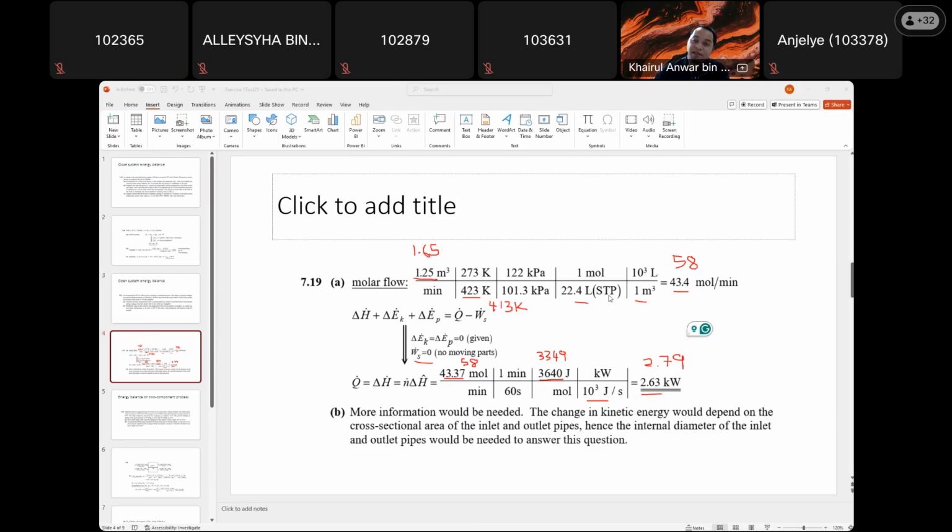So for molar flow rate, just use STP. If you do not find the value in the table, you can assume PV equals nRT. STP is actually derived from the ideal gas equation.